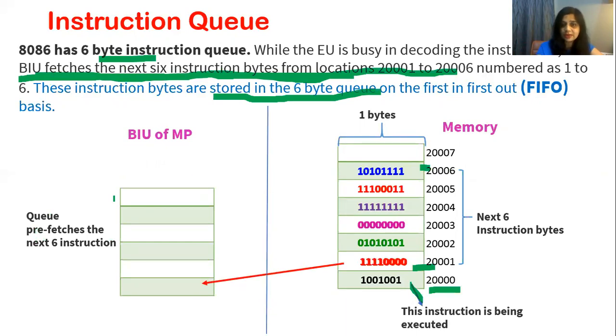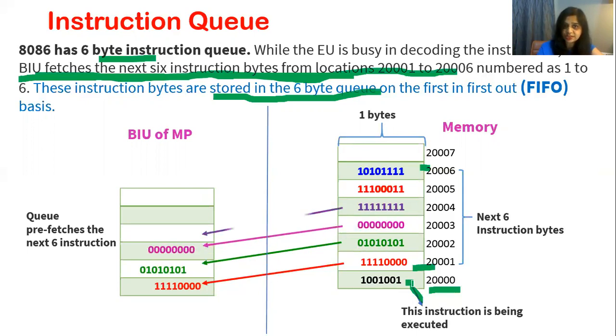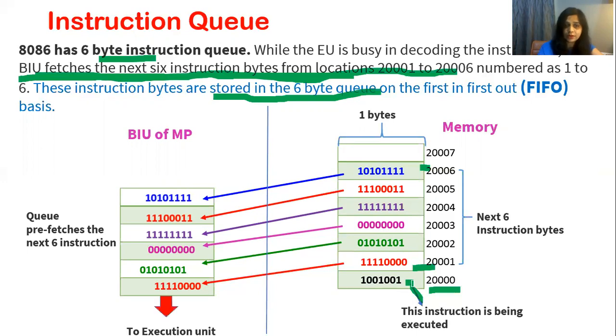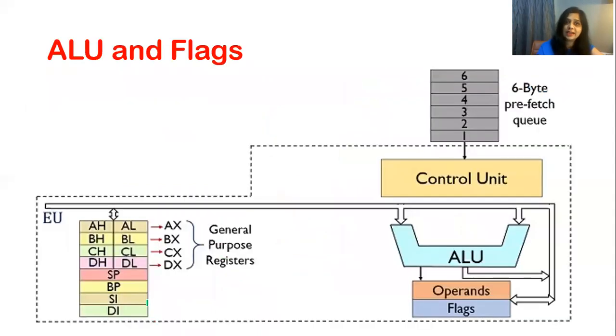We are assuming this instruction is already with the 8086 and the execution unit is executing it. So the bus interface unit will fetch the next 6 instructions like this and keep them in the queue. When the queue is filled, the instruction gets transferred to the execution unit and the execution unit executes it. This is how the instruction queue operates in 8086.